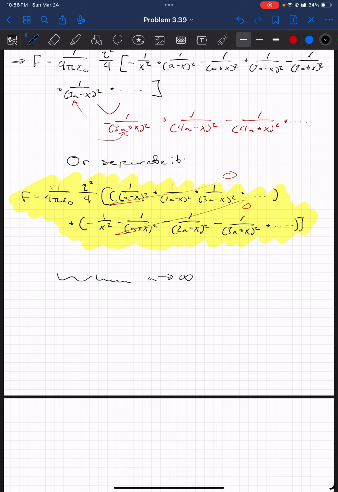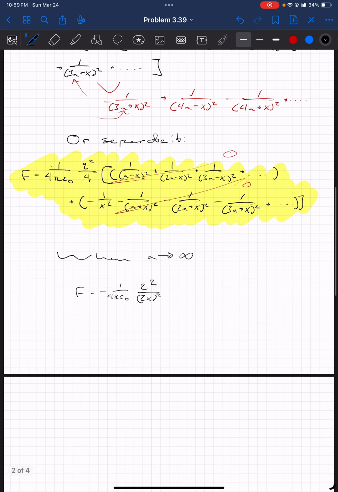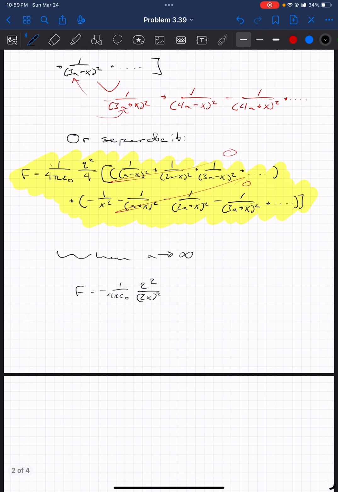Thanks to that, force is simply 1 over 4 pi epsilon naught, negative, of course, from the negative 1 over x squared, multiplied by q squared over 2x squared. And this checks out. It's also the same as for only one plane.